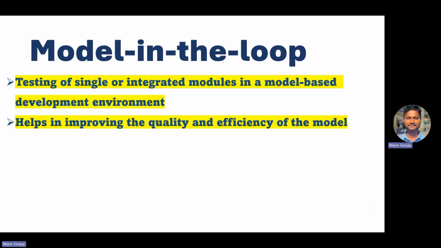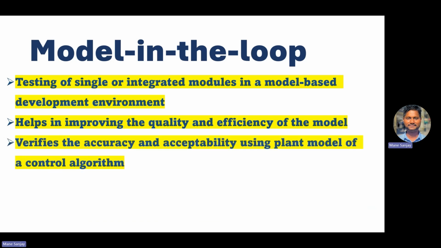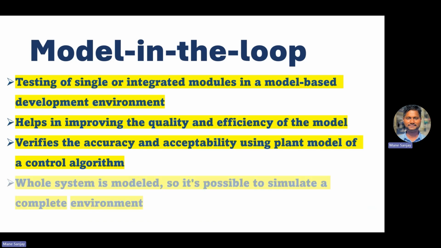And when it comes to the model in loop testing, it is to verify the accuracy and acceptability of the control algorithm using the plant model, while software in the loop is to validate the behavior of the generated C code used in the controller. So in model in loop or MIL, the whole system is a model.